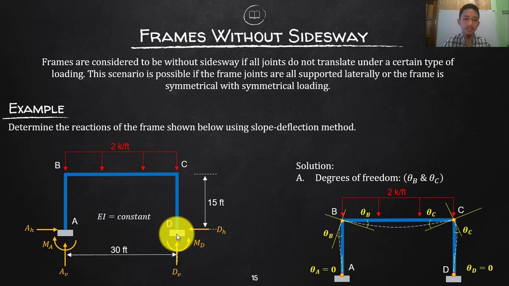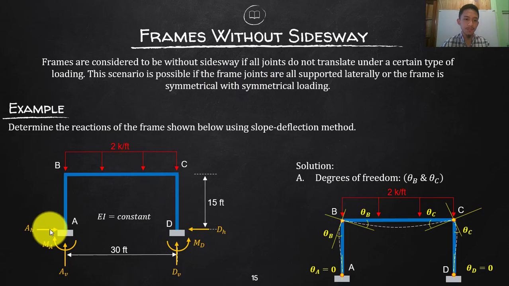Therefore, that is free to rotate. But in this part, that is restricted to rotate. So you will expect that even if this is symmetrical loading, symmetrical frame, if that support is not symmetrical with respect also to the frame, then of course that will not be considered a symmetrical frame with symmetrical loading.